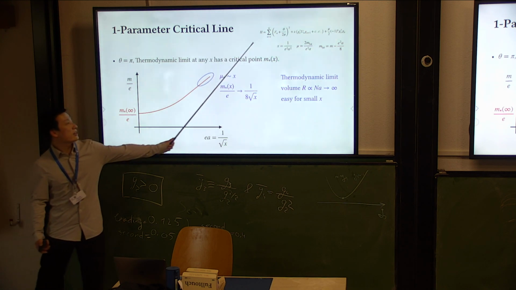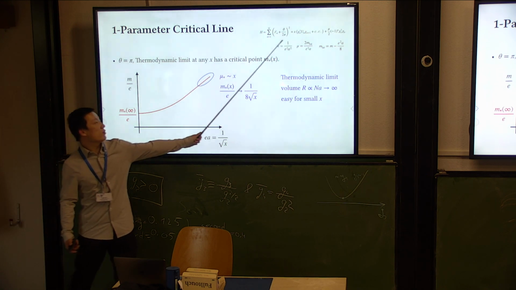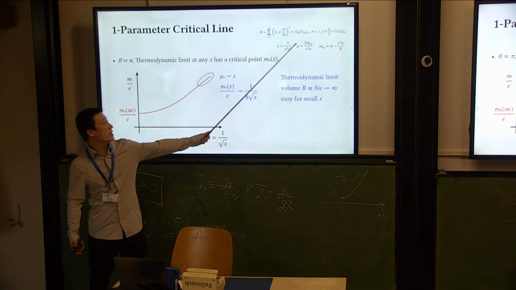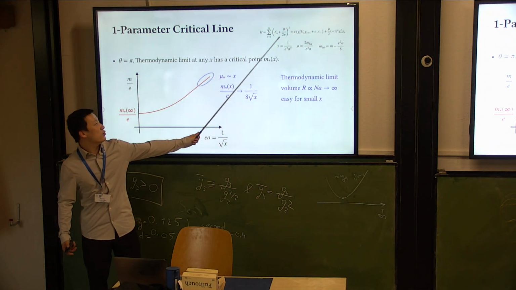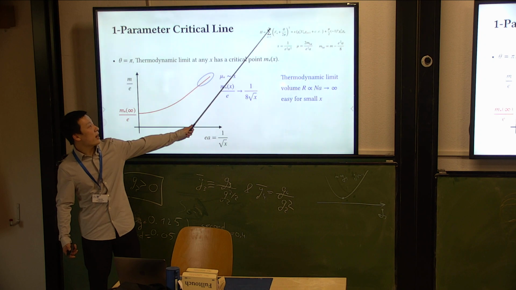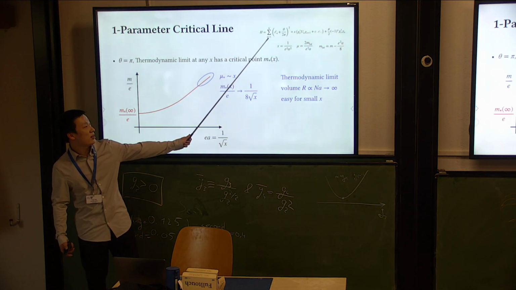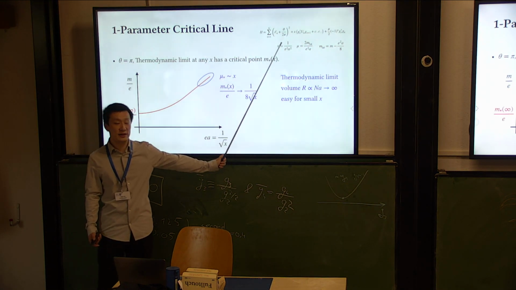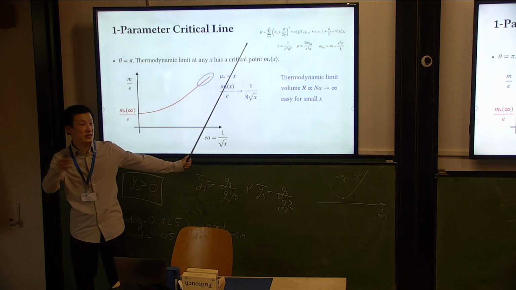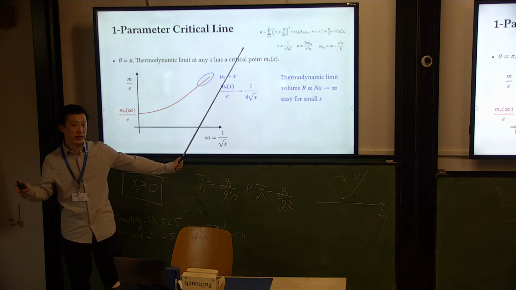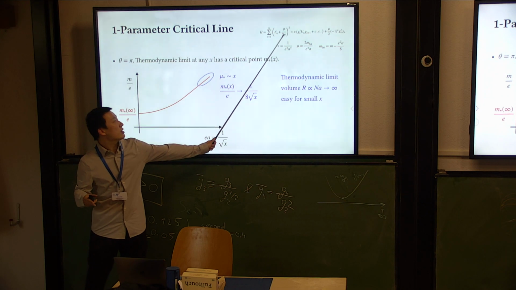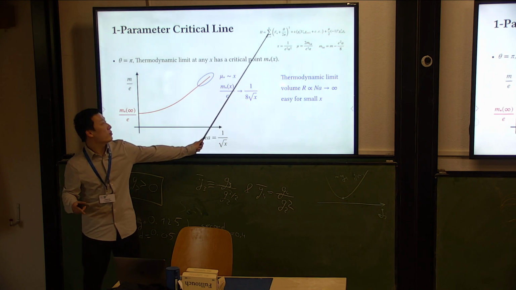Then heuristically, if you just look at the Hamiltonian, we can treat this gauge interaction to be very strong. Then effectively the gauge field can only take, here theta is equal to pi, so it's L plus 1/2.